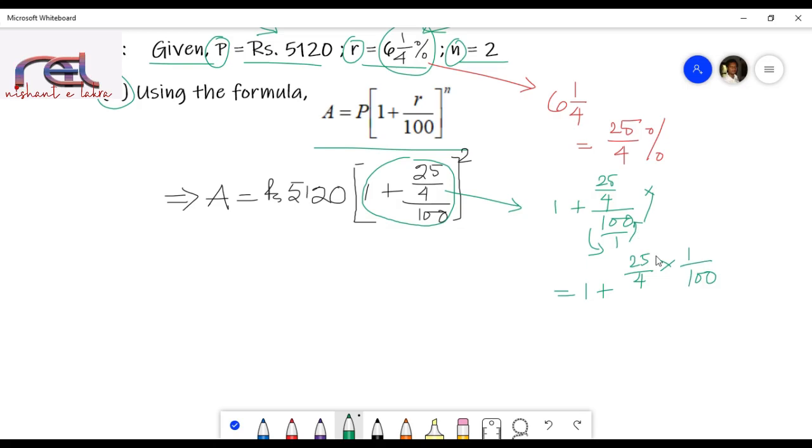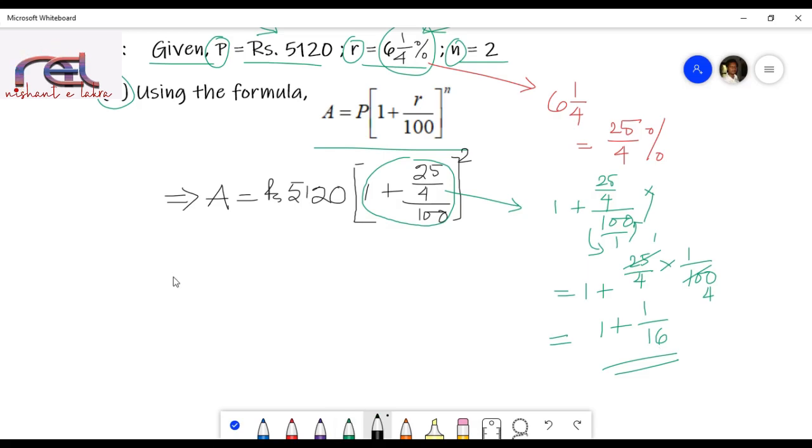And when we cancel it, 25 ones are 25 and 25 fours are 100. So ultimately we'll be getting it as 1 plus 1/16, right? 4 fours are 16. So this is what we have got till now. The value of 1 plus (25/4)/100 is 1 plus 1/16.